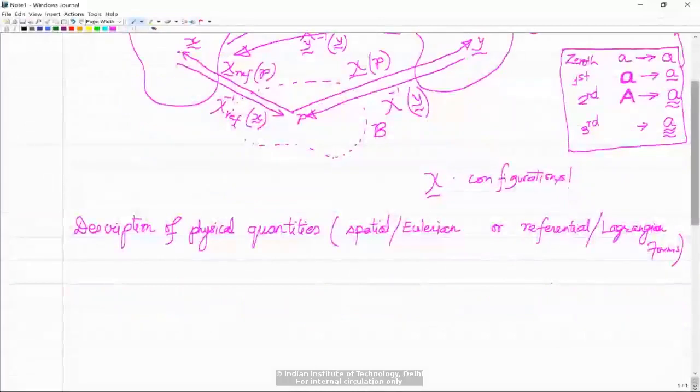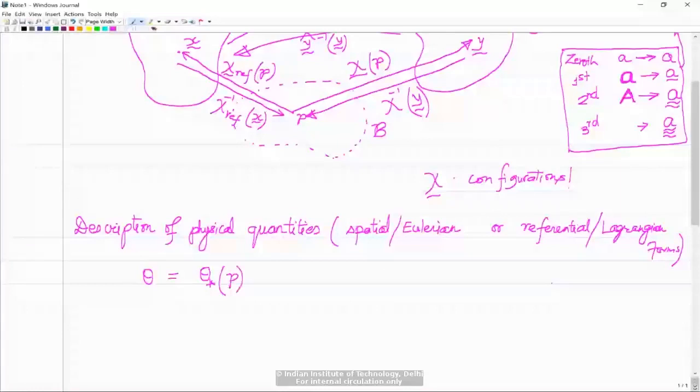Let me just give you an example. Suppose I want to describe temperature in the body. Temperature, which we denote by, let us say, theta, because that's what the textbook uses. Temperature is a scalar quantity, so there is no tilde below. This theta can be thought of as a function theta star depending on the particle p.